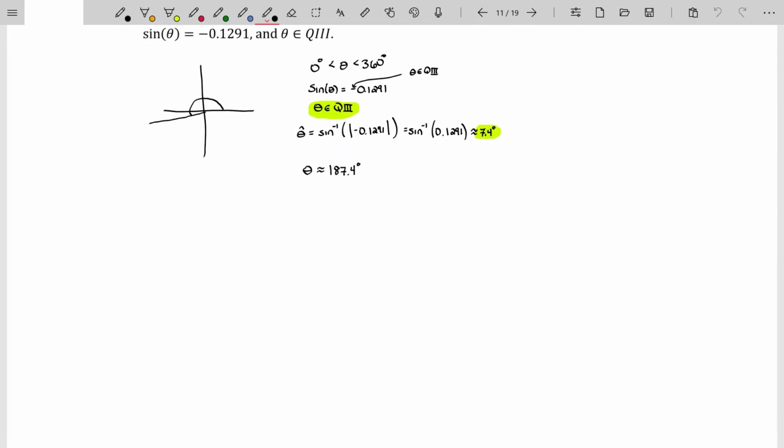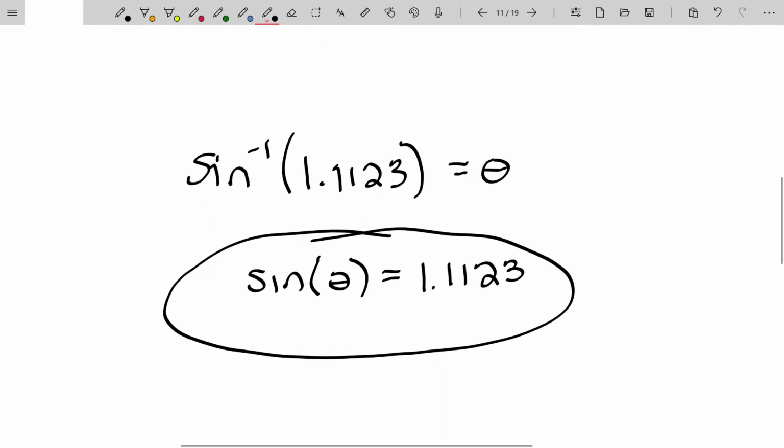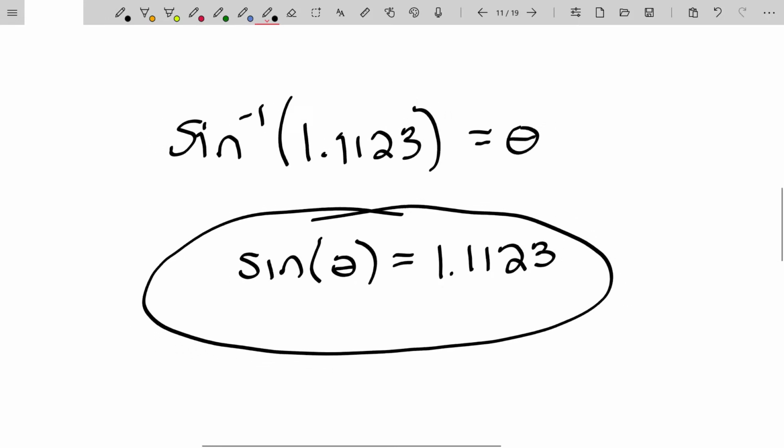Also, something that I fail to do very often is things like this. What's the tan inverse of some value? Actually, tangent inverse is a bad one. If I give you the sine inverse of 1.1123, first of all, you would say, oh, that's some angle, but you should note you're saying that there's a sine of some angle that's equal to 1.1123. That can't happen because the sine never reaches a value greater than 1.